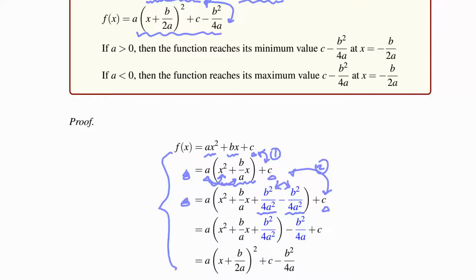Here is the reason. We first notice that x has coefficient b over a. We choose half of it, and then we square it. And then the square goes to everywhere.